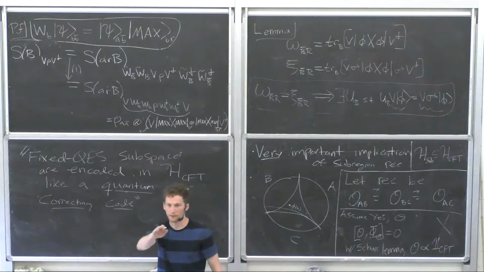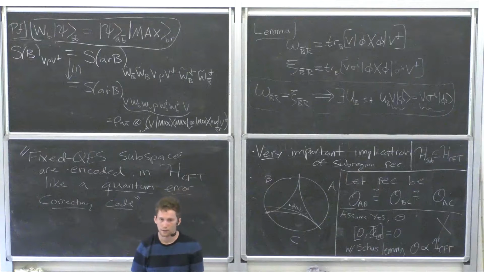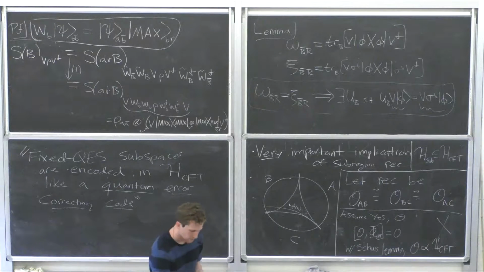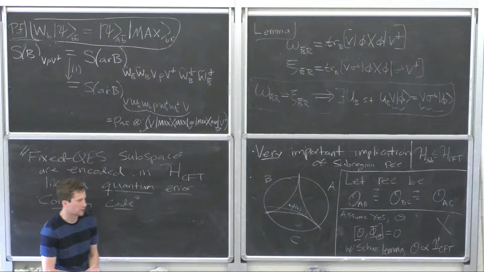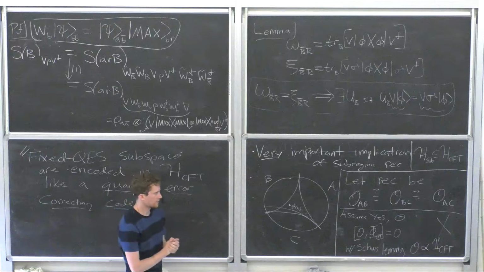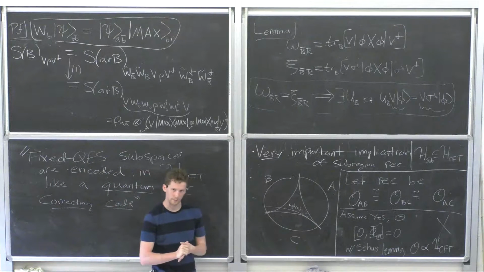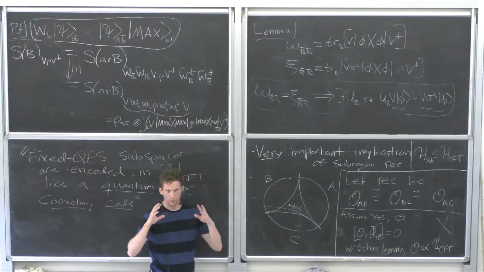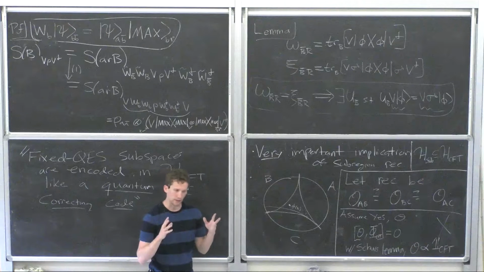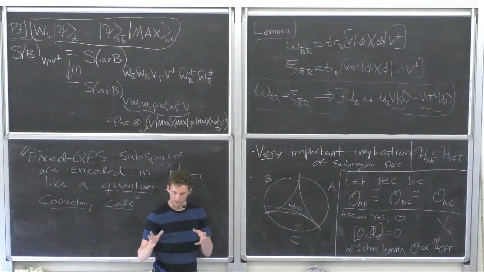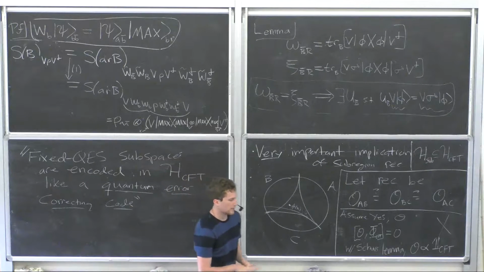Yesterday you mentioned that the fixed QES subspace is a subspace of the code subspace. Can you clarify now what exactly you mean with that? Yeah, good. So historically, I think code subspaces were taken to be what I'm calling a fixed QES subspace. Those were considered to be what code subspace meant.